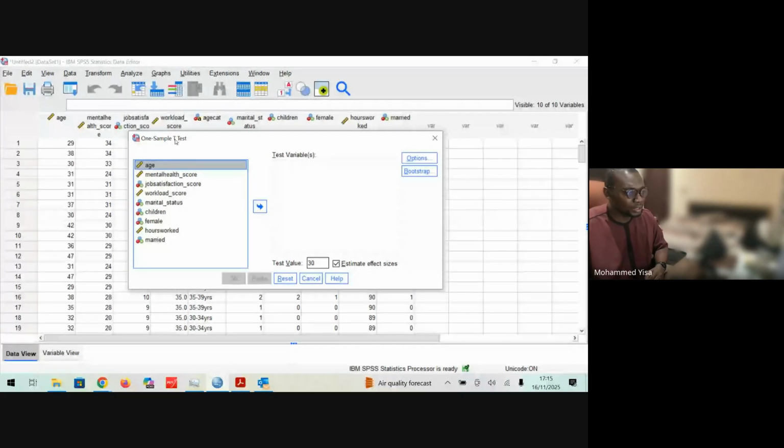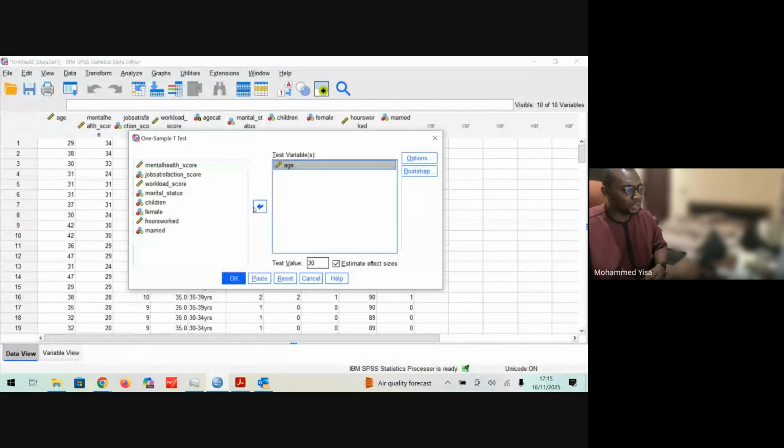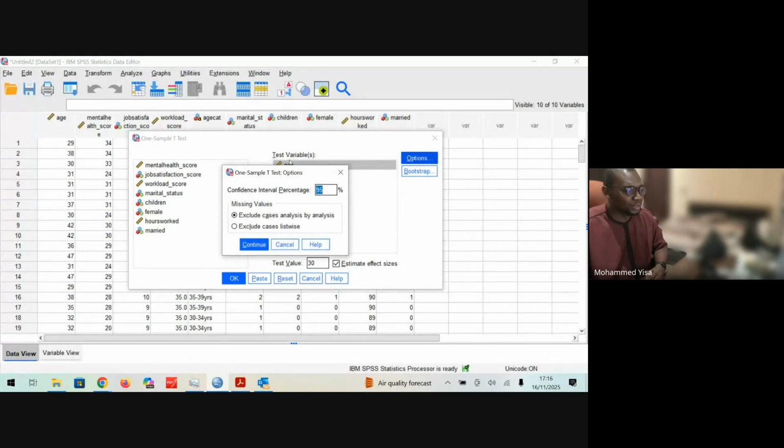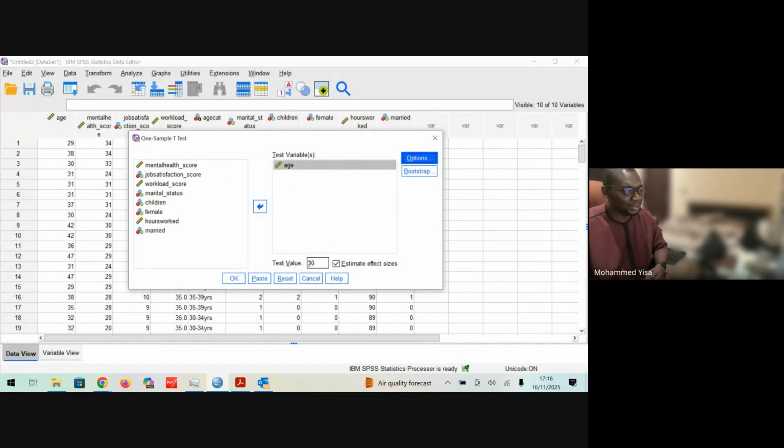We are trying to do a one sample t-test. This is only applicable to continuous variables. Our variable of interest in this case is age. So we click this arrow and it takes it to the right. And then we go into the options box and we select all those options that I talked about the last time I did this. And then we come here to this box to input our test value.